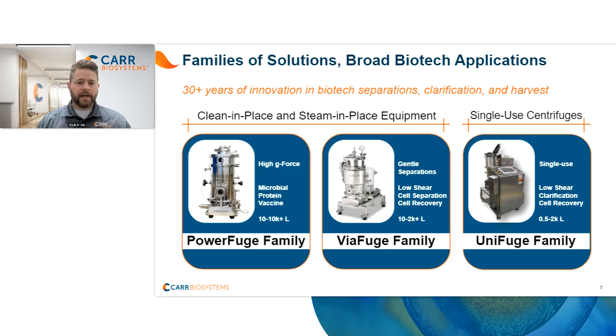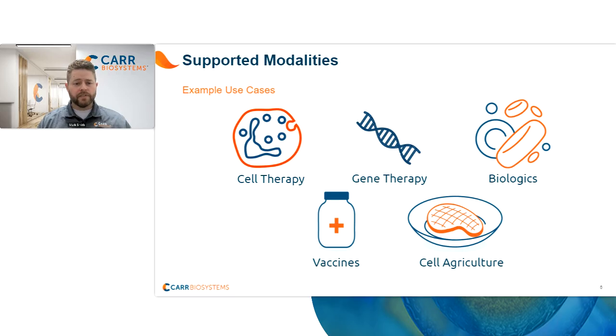When we look at the different modalities we support with these technologies, it spans the gamut from cell therapies, gene therapies, biologics, mAbs, vaccines, and cellular agriculture. Of course, today we'll really focus on the cell therapy aspects.